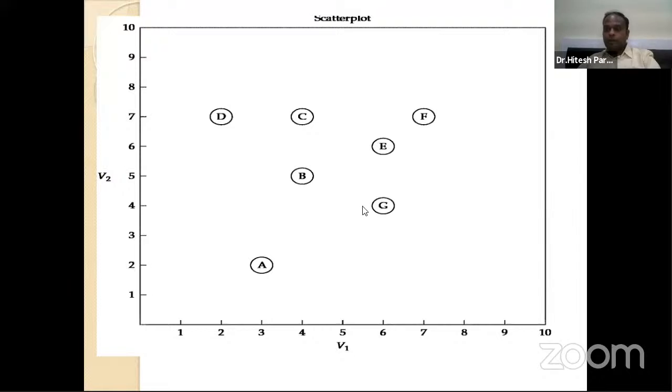What could be the other ways to identify similarity? One of the methods is distance. What could be another way to identify whether these two objects have a similar approach or not?